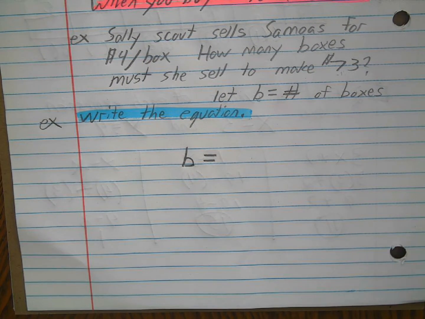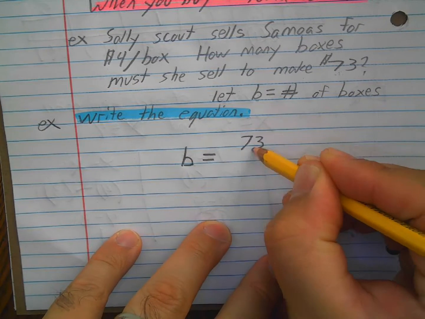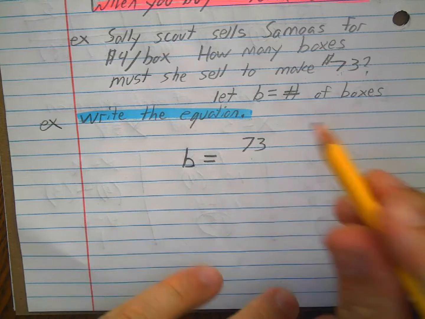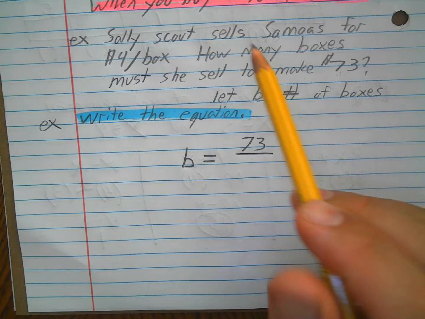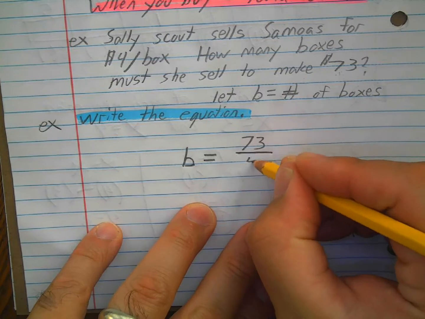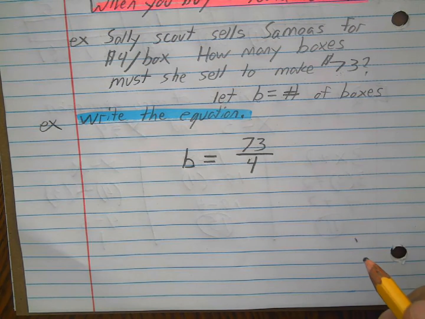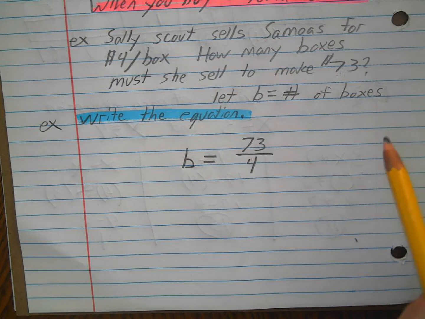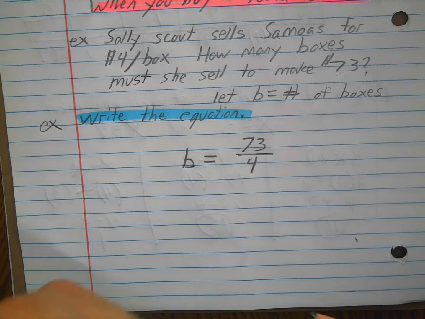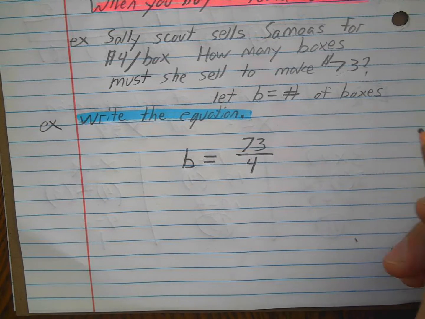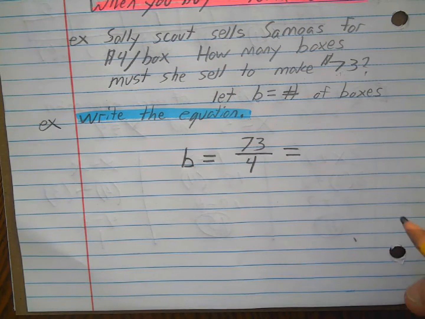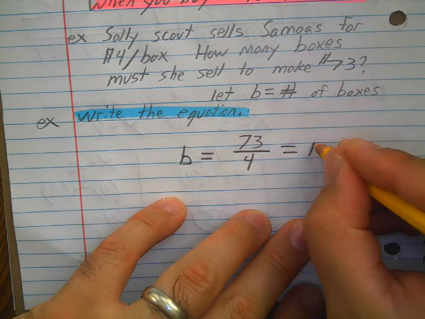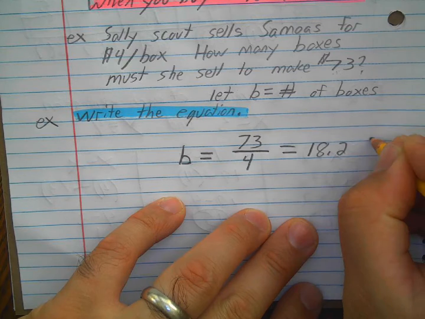And what's the total amount of money she's going to want to make? At least that she's going to want to make. 73. And how much is it per box? Well, per box is 4. So we're going to divide that $73 by the $4 it is per box. All right? So when we put that in the calculator, 73 divided by 4, we get 18.25.